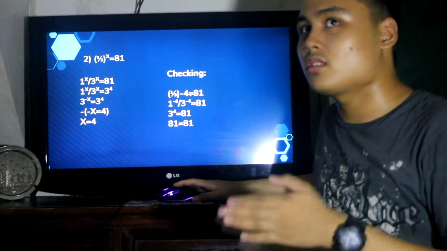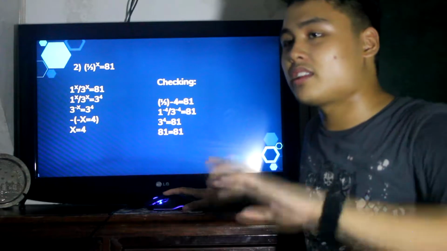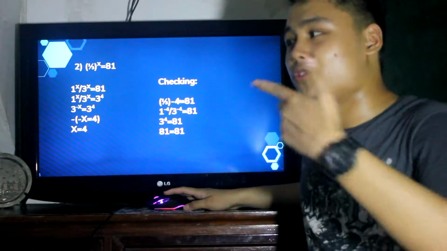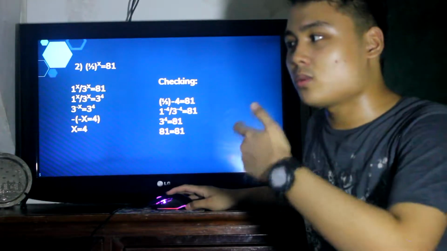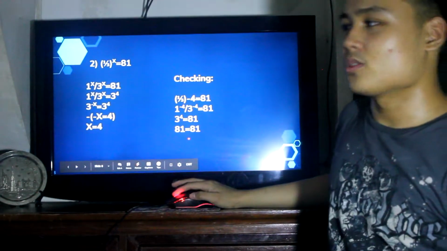Since 1 raised to 4, wala, disregard na yun. Since 1 din naman yun. And kapag napagpalit ko na sila ng side, so 3 raised to 4 is equals to 81. And what is 3 raised to 4? 81 is equals to 81. So yun.